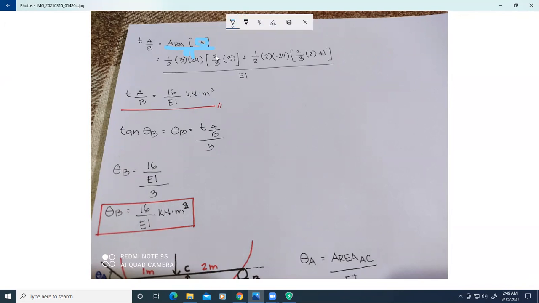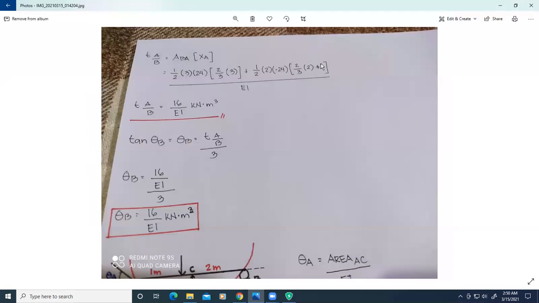So the centroid of the triangle is 2/3 of 3, plus the negative area, 1/2 times base 2 times negative 24 magnitude times 2/3 times 2 plus 1.